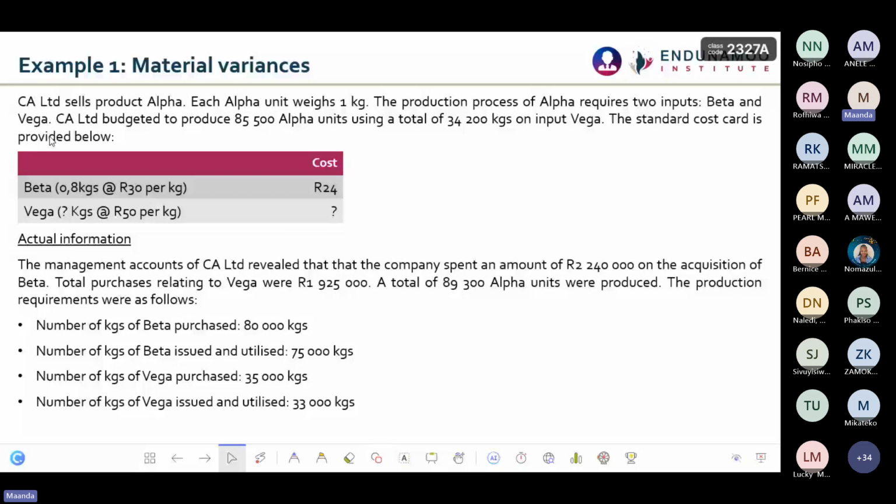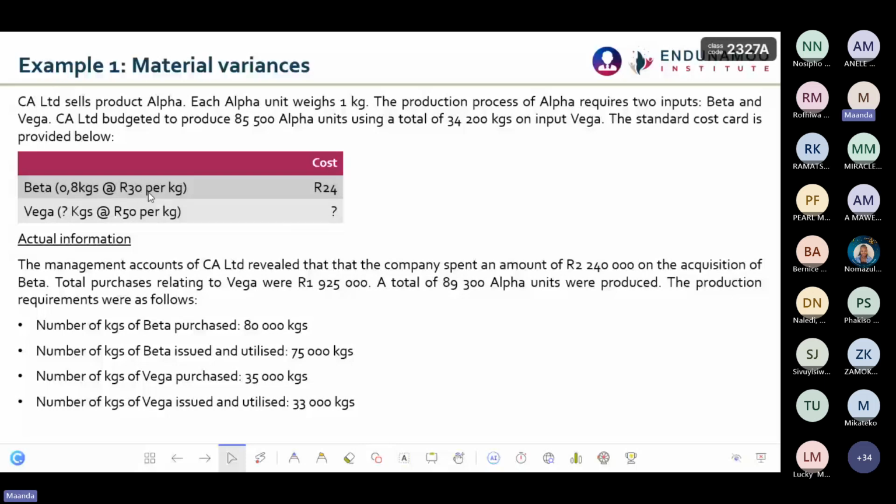And then it comes here, because for Vega they didn't give us the kgs. Then the standard cost is provided. Oh, okay, good, they're giving me the standard costing. So for beta I need 0.8 kgs, and the price is 30 per kg.